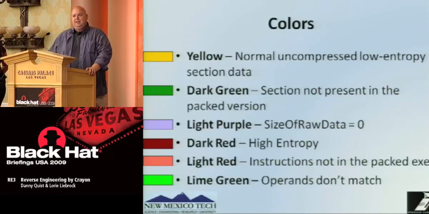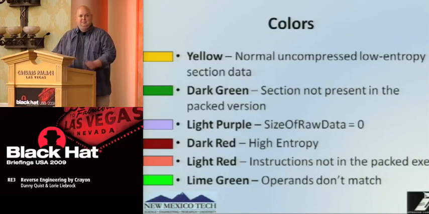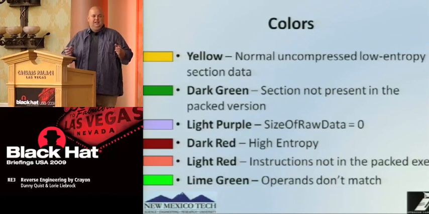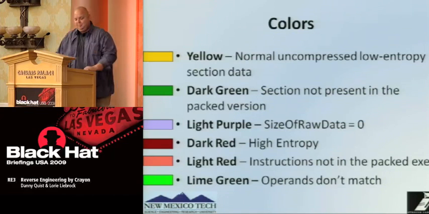Light red would be something where it's got the same low entropy, but it's not necessarily the same thing. So light red will typically show up for XOR decoding. And then lime green was put in to highlight when you have sections of code, like when you have a shifting decode debugger where it decrypts portions of its code, executes it, and then re-encrypts it, and then decrypts code back into there.